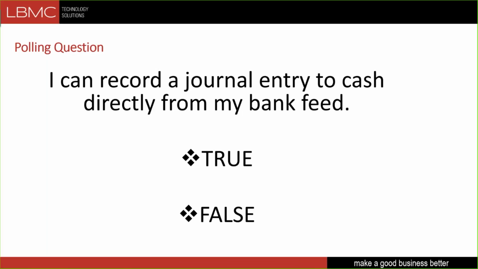So this would be true if you set up the create rule and put that in your rule set for the bank account that you are utilizing, then it will be able to record a journal entry directly from the bank feed. And I don't know if I mentioned, but the credit side of the entry, or the debit side if it's a cash withdrawal, whatever the offsetting side is, can only have one line, so one GL account.